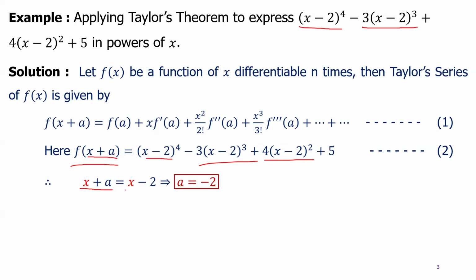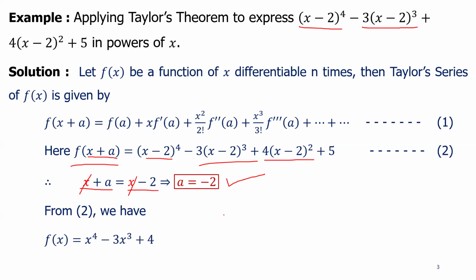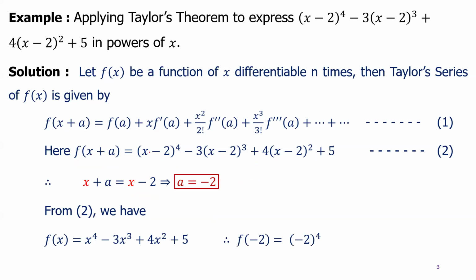Therefore, x + a = x - 2, which gives us a = -2. From 2, we have f(x) = x⁴ - 3x³ + 4x² + 5.